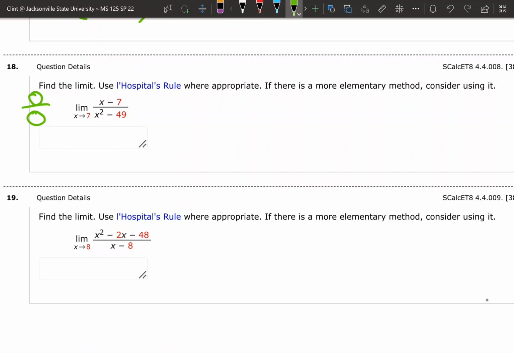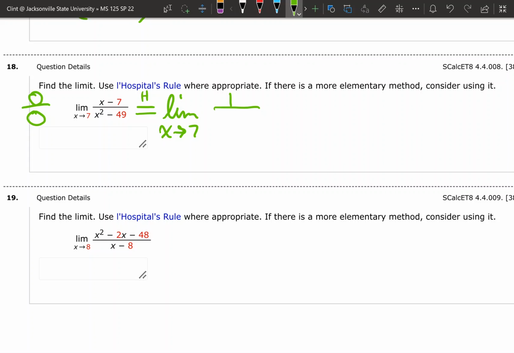So what do we want to do? We can do L'Hôpital's rule. And L'Hôpital's rule says we take the derivative of the top and the derivative of the bottom, and that'll give us the same limit. So the derivative of x minus 7 is just 1.